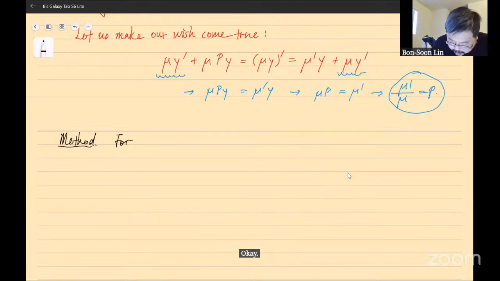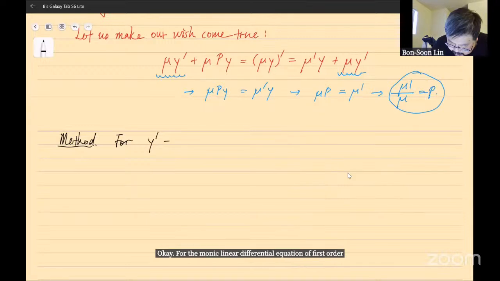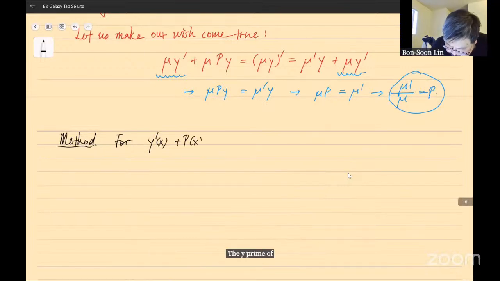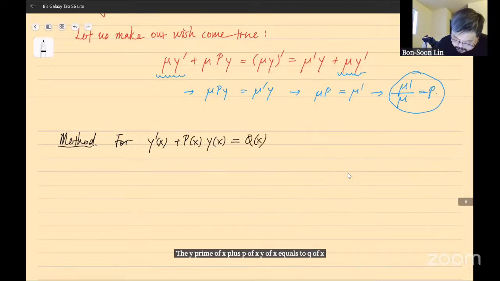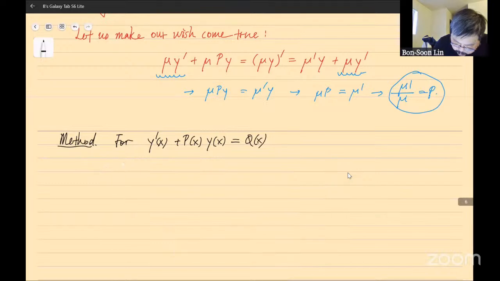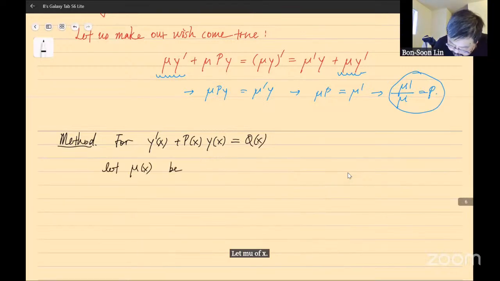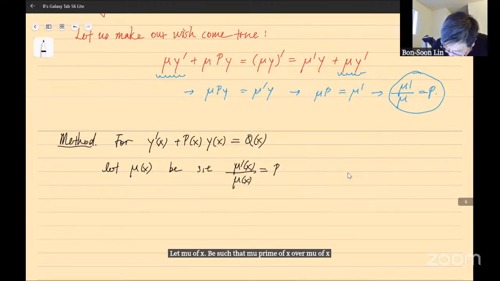For the monic linear differential equation of first order, y prime plus py, I'll write p of x because we need to know the variable name. For y prime of x plus p of x, y of x equals q of x, you first find this mu function. Let mu of x be such that mu prime of x over mu of x is equal to p of x.